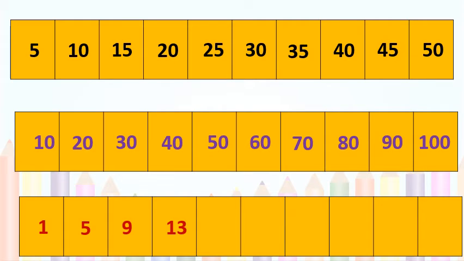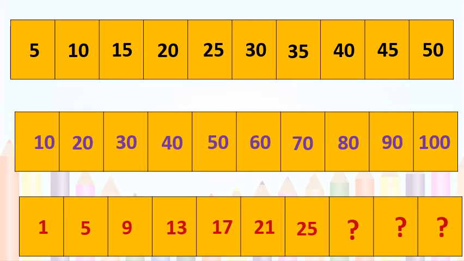Next one: 1, 5, 9, 13. Some relation is there. Please find out. 1, then 5, then 9, then 13, then 17, then 21, then 25, then 3 question marks. You have to find the next 3 numbers. If you practice questions like these, it will become very useful for the scholarship exam in standard 5th.